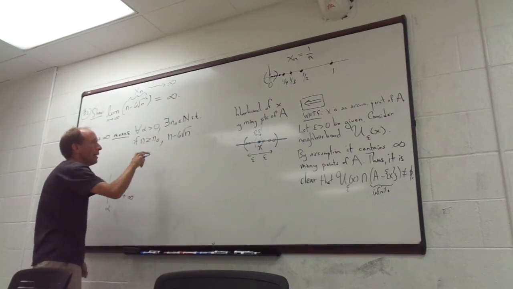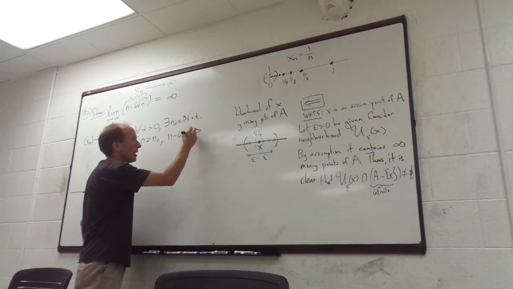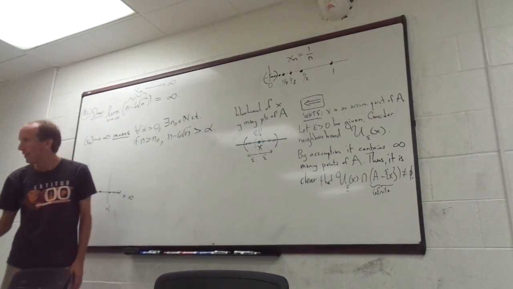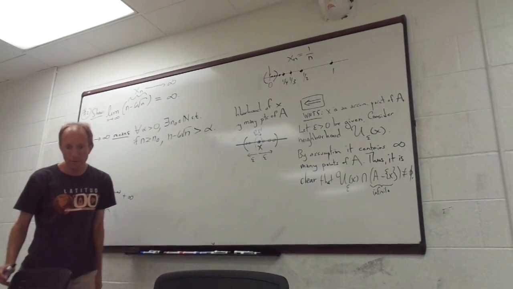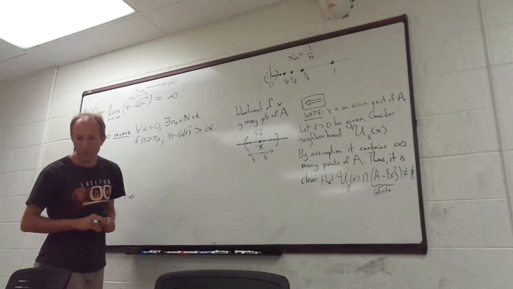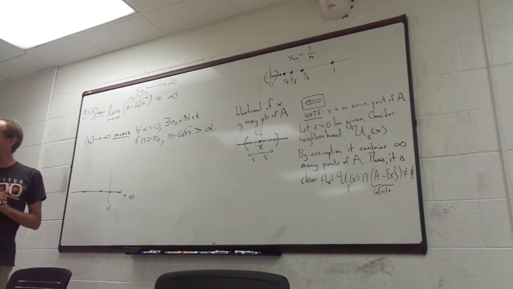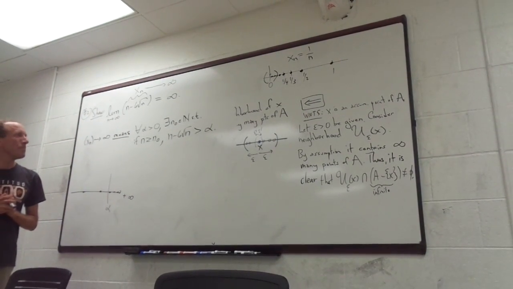We're not going to subtract something and set it less than epsilon anymore. We're simply going to say this should be greater than alpha. Everybody good with that? Does that make some sense?